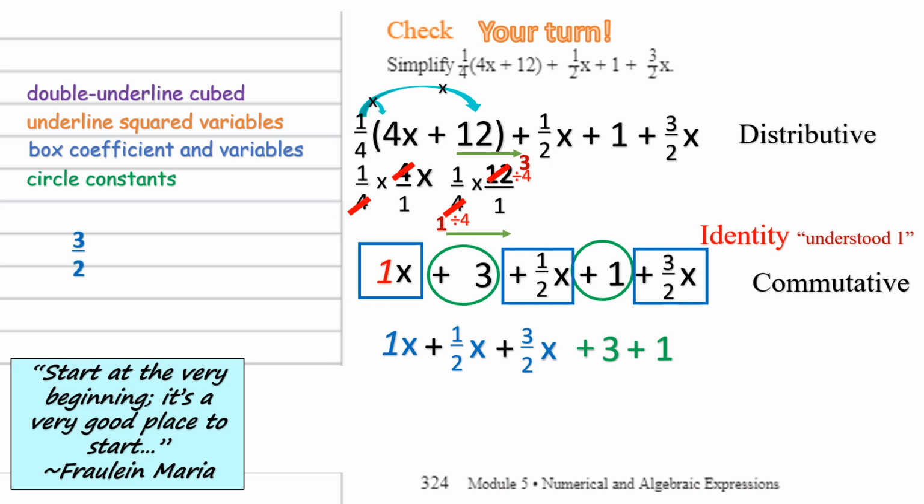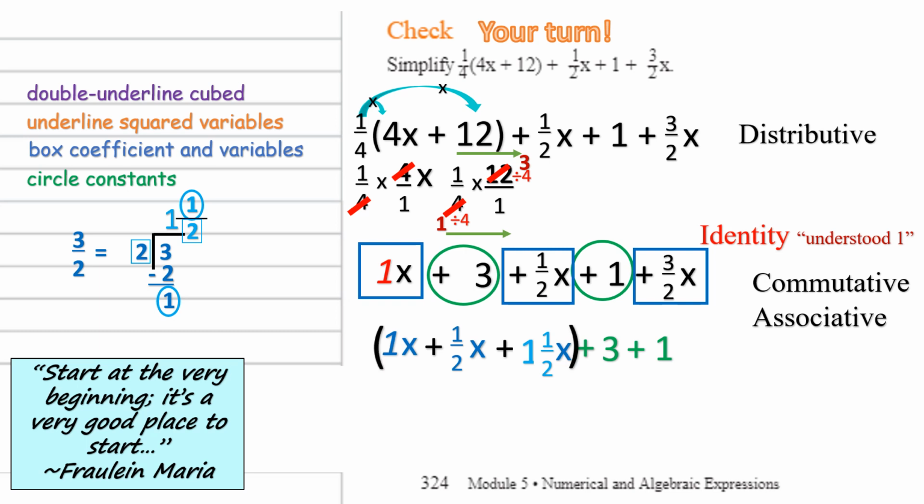And then when you looked at adding those together, well, what does 3/2 look like? Well, when I change that, then I know, or hopefully I know, that that's 1 and 1/2. So what we really have is 1 and 1/2 plus 1/2 plus 1.